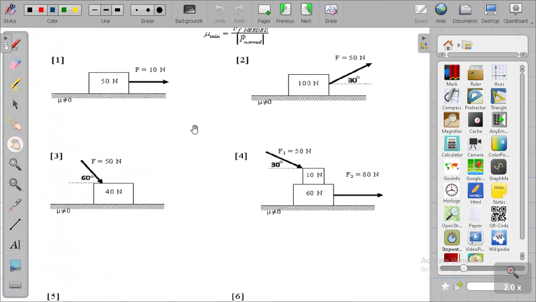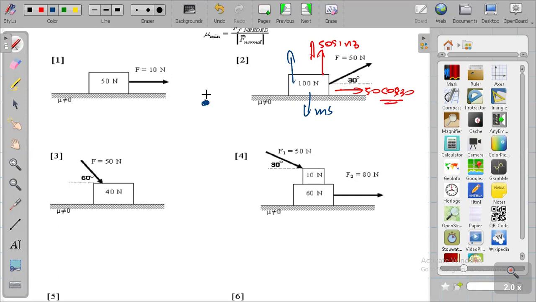So see, now there is a resolution: 50 sine 30 and 50 cos 30. So there is the mg. Reaction force is also there.